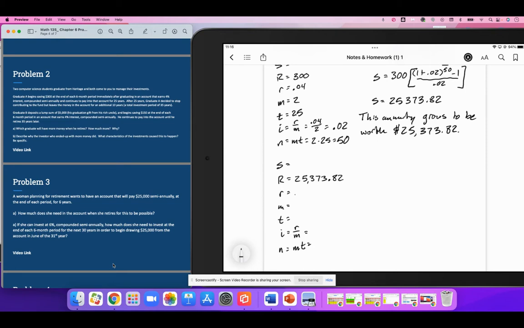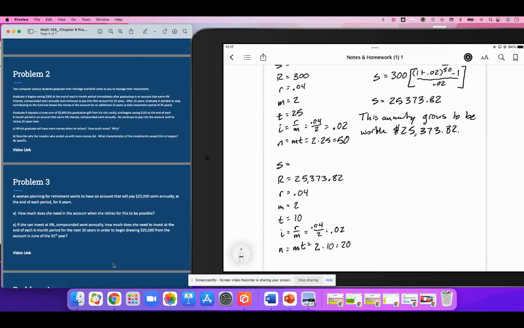Our rate is still 4%. It's still going to get compounded semi-annually. It's going to be in there for 10 years. So our R over M is going to be the same that it was before, 1.02. And MT is going to be 2 times 10, that's going to be 20.